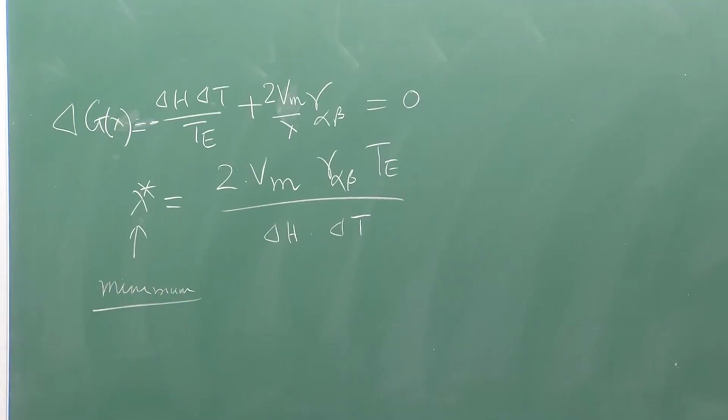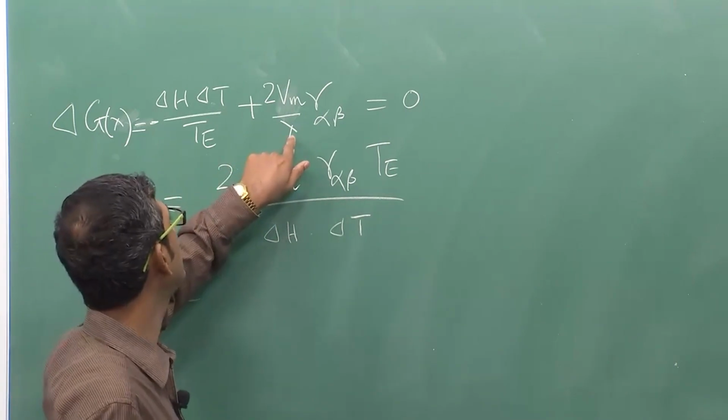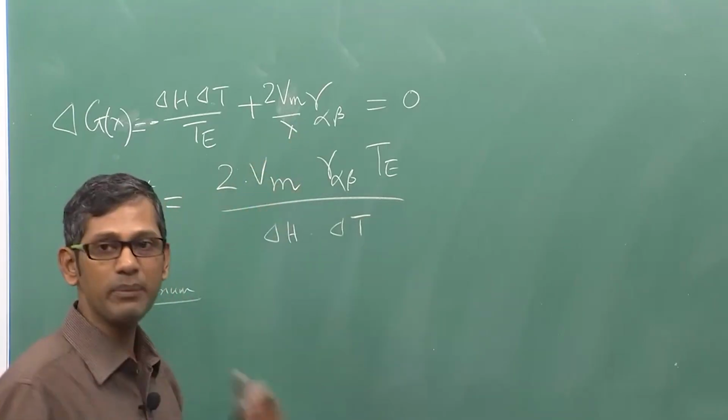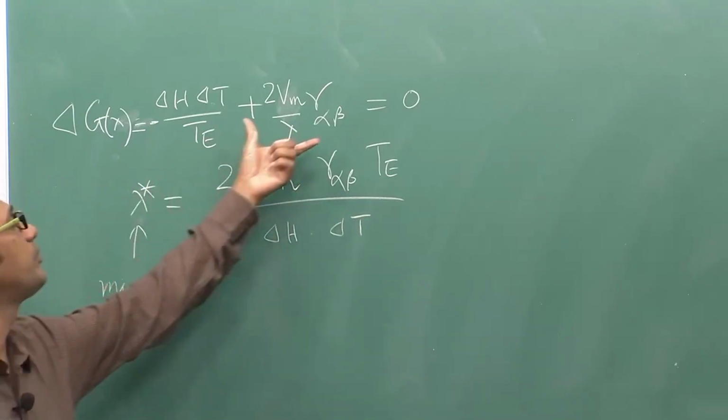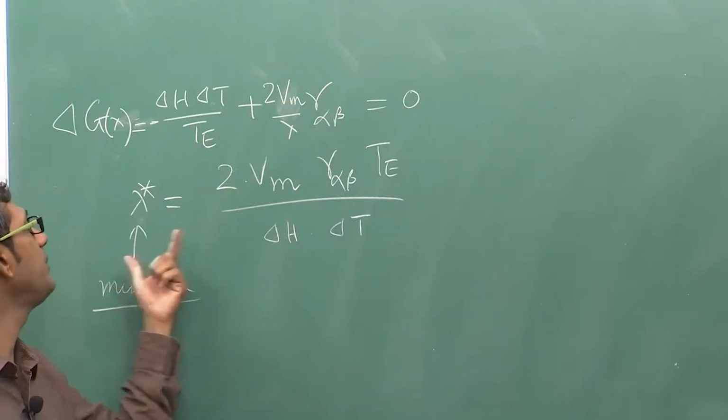because as you know, as the lambda goes on decreasing, surface area increases. So because lambda is in the denominator, with decrease of lambda, that means when the lambda becomes smaller and smaller, this part will increase. So therefore this is basically the minimum value of lambda.